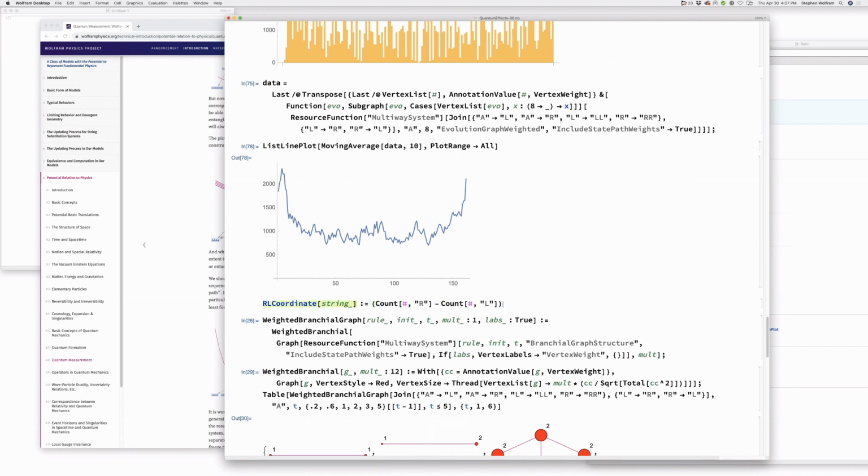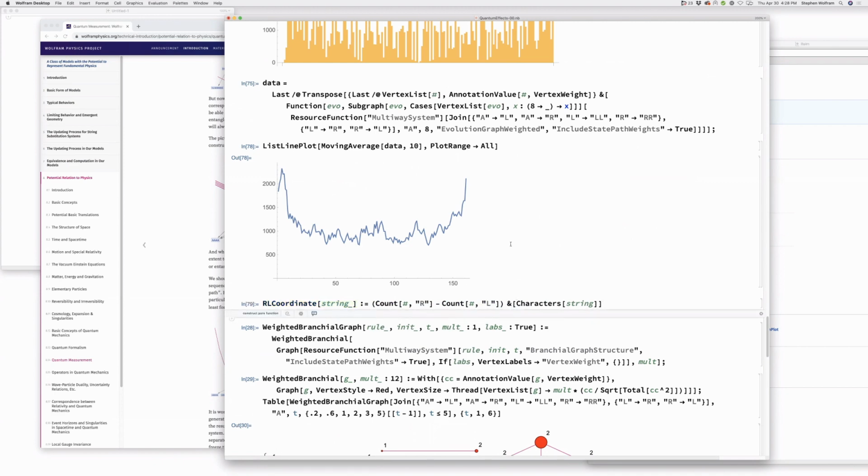Apply that to characters of string. Actually, this is a stupid way to do it. I could just have said string count, I think. But anyway, it doesn't matter. This will work. Okay, so RL coordinate.